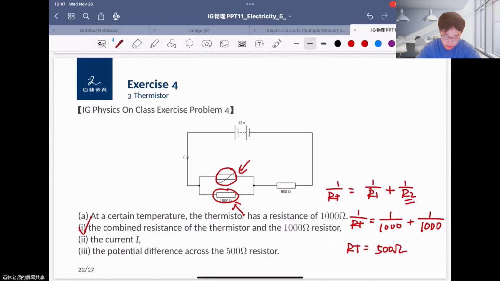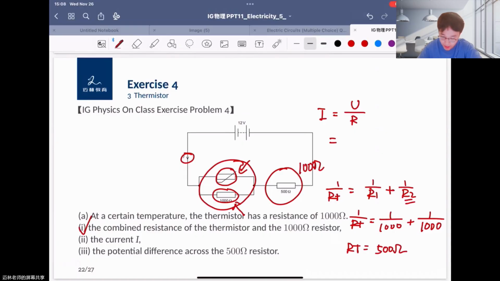The second question is the current I. To find I, you have to use Ohm's law: I equals the potential difference U over the total resistance R. On the left it is 500 ohms, and on the right it is a 500 ohm resistor as well. So the total resistance is 500 ohm plus 500 ohm, that is 1000 ohms. U is 12 volts, and the denominator is 1000 ohms.